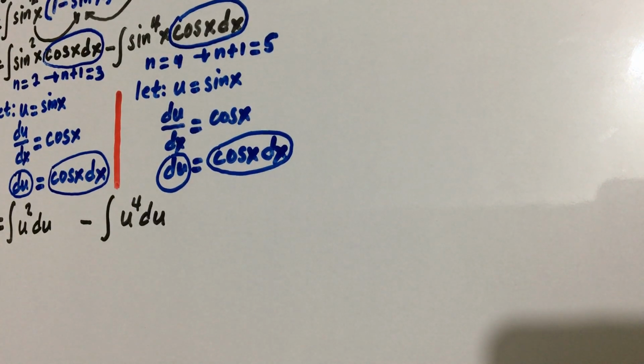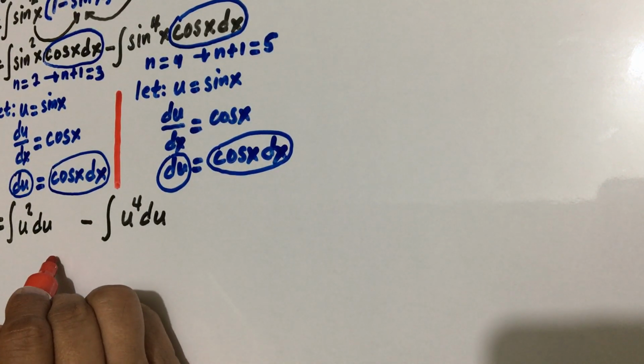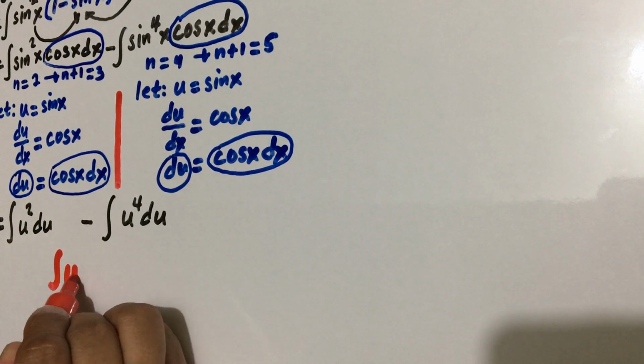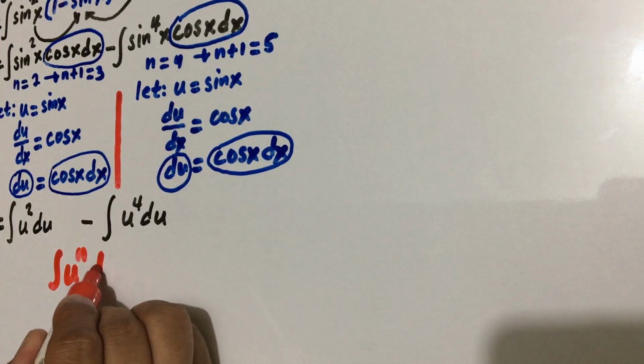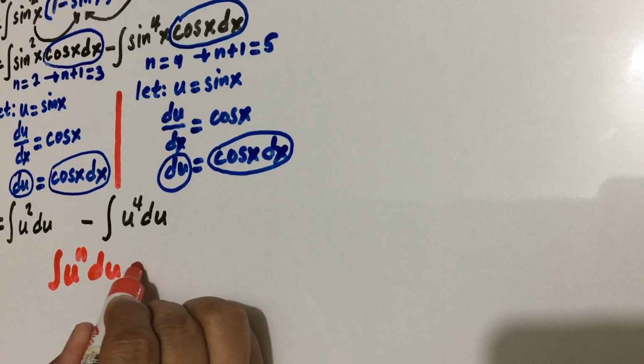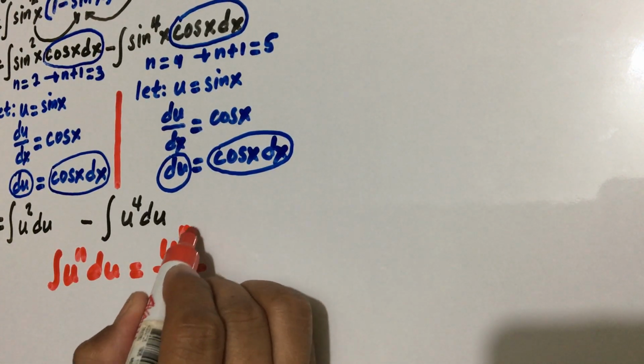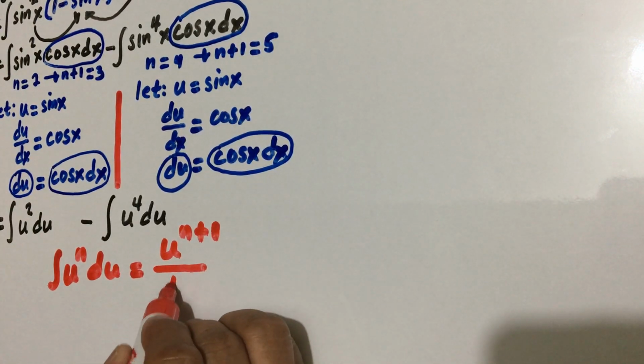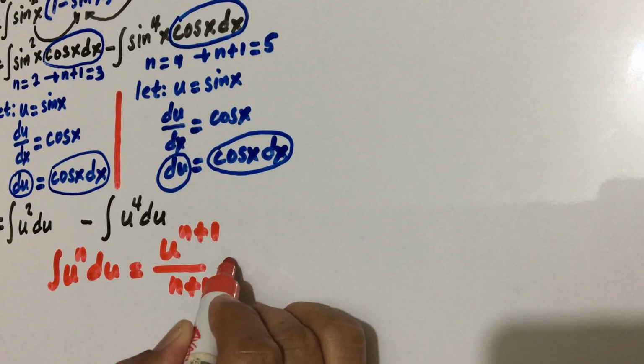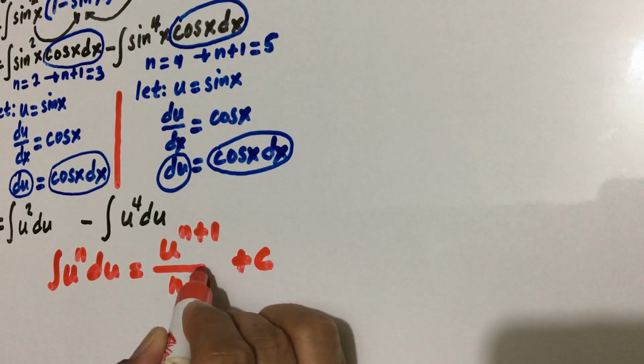Then using the power formula, we have the integral of u to the n times du equal to u to the n plus 1 divided by n plus 1, plus c.